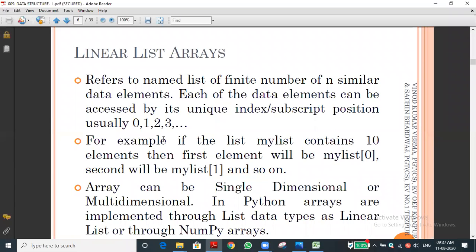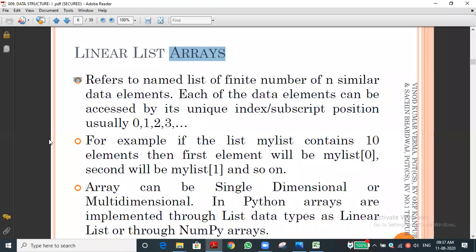But what is an array? Array has the same concept, but what is the difference? Array is another data type. In this data type we can store only similar type of data. Once we store an integer element, all the elements should be of integer data type only. We can store n number of elements like a list.